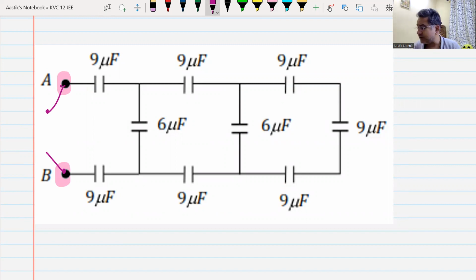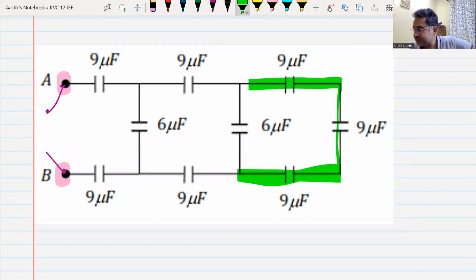So how are you going to do this? These 3 are in series. 9, 9, 9 in series. What will you get?